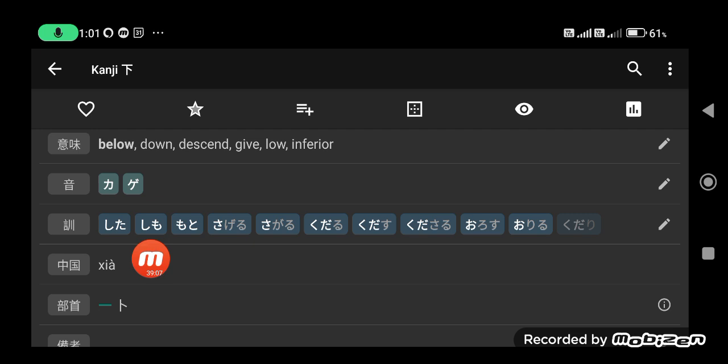Shita, shimo, moto, sageru, sagaru, kudaru, kudasu, kudasaru, orosu, oriru. Hence the reading kudasai. The kudasai actually came from here. Kudasu. Kudasai is please. So please screenshot this one and memorize this. Two onyomi readings and lots of kunyomi readings.